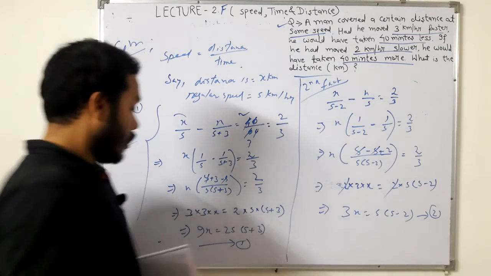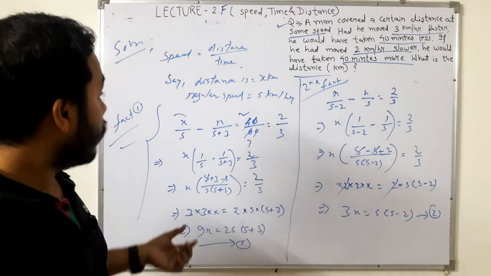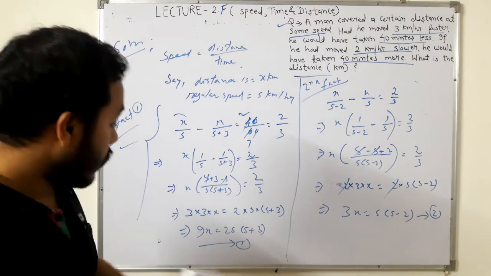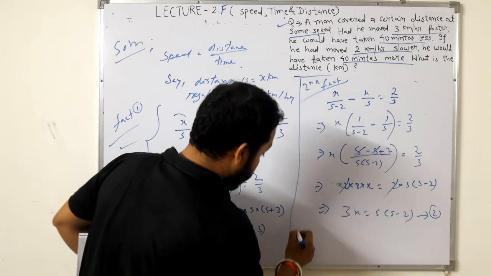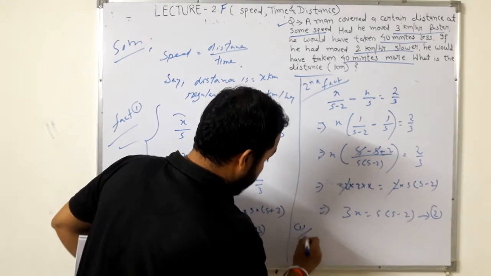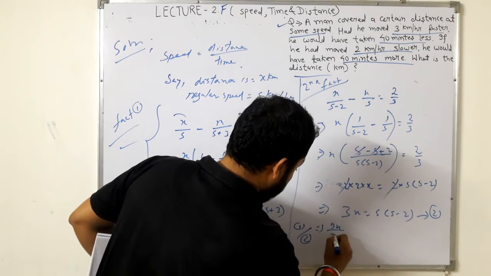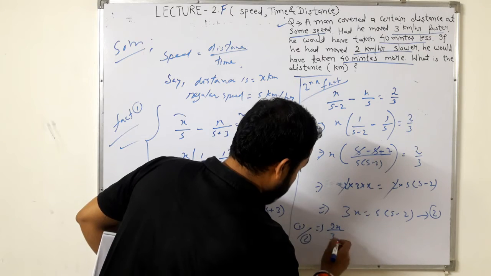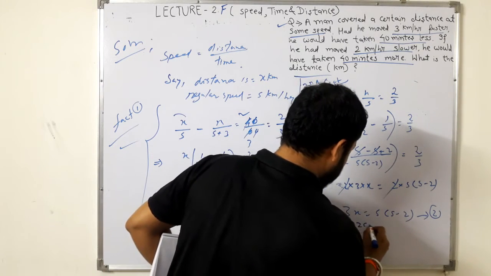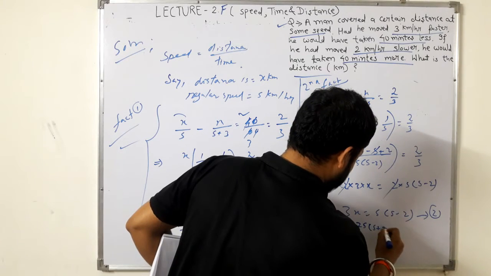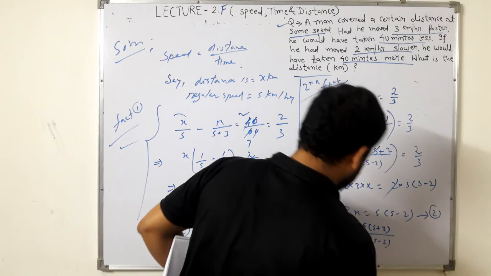Clear? So this is equation 1, this is equation 2. Now what do we need to find out? We need to find the distance, and why not divide 1 by 2. So 1 divided by 2 will give us 9x by 3x is equal to twice s plus 3 divided by s minus 2.